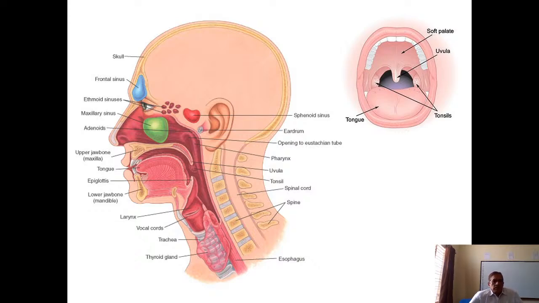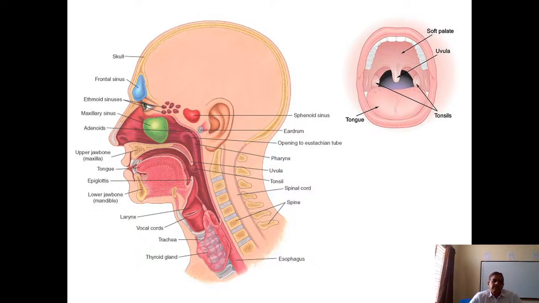So that is about the nose. We have covered the ear, nose and paranasal sinuses. Then the throat: the oral cavity and the pharynx. You have the hard palate and the soft palate, which form the roof, and the floor of the mouth.